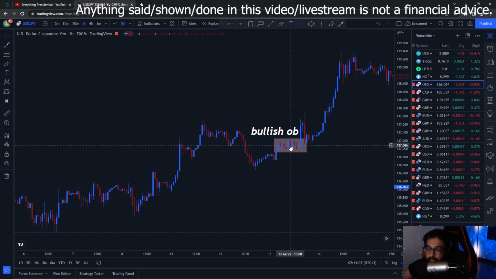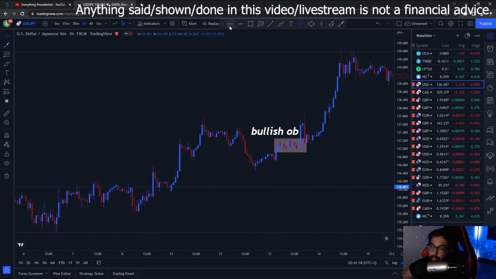So whenever there's so many candles right next to each other, if it's a bullish order block, you will be looking for the last bearish candles before the bullish move, before the impulse. So you're going to be looking for the opposite of it. If it's a bullish order block, you'll be looking for the last red candles. If it's a bearish order block, you'll be looking for the last green candles to mark the zone.